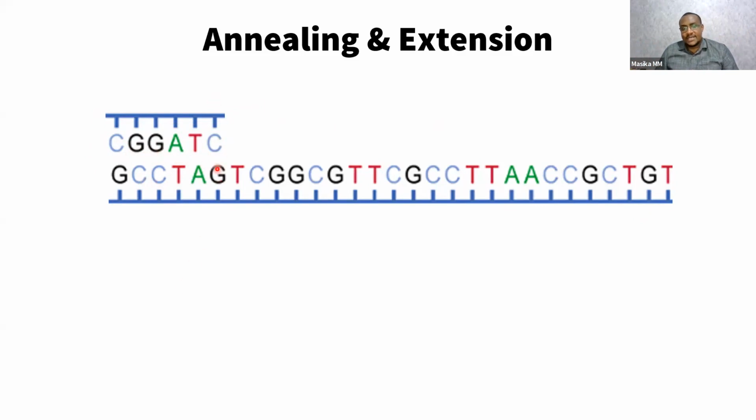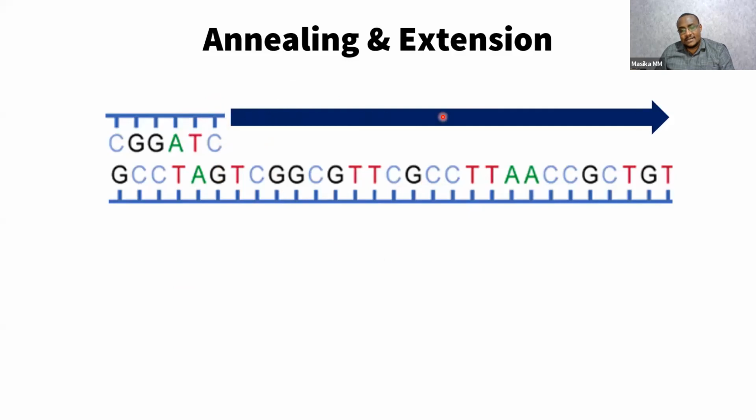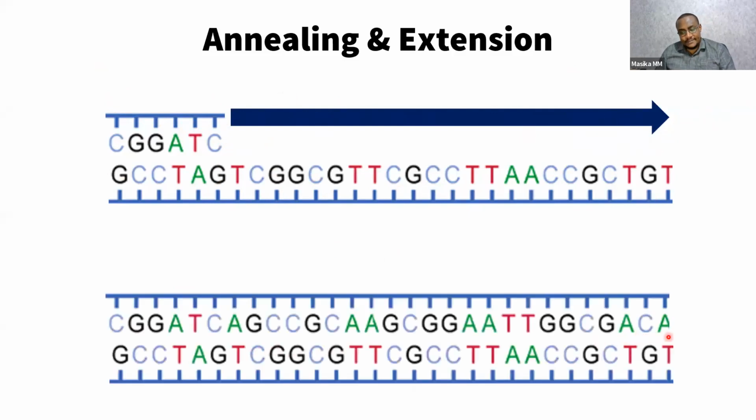After this happens, the polymerase that is in the same mixture will attach and extend this strand in the 5' to 3' direction. And so if you started with this one copy, you will end up with 2 copies. And so that is 1 cycle complete.